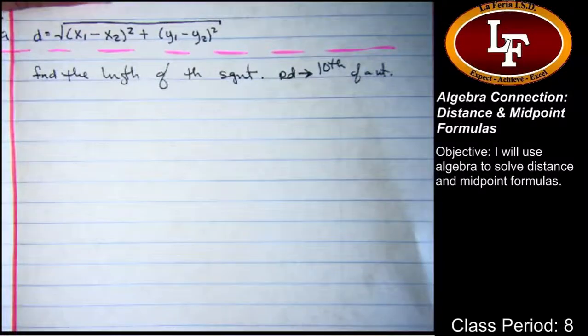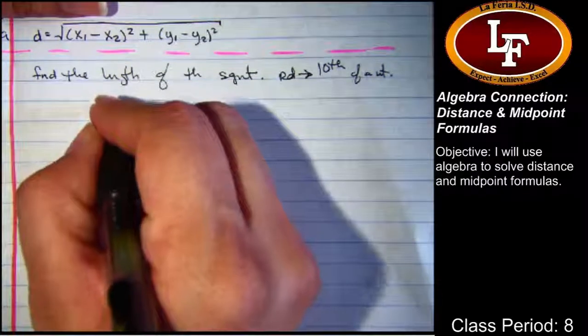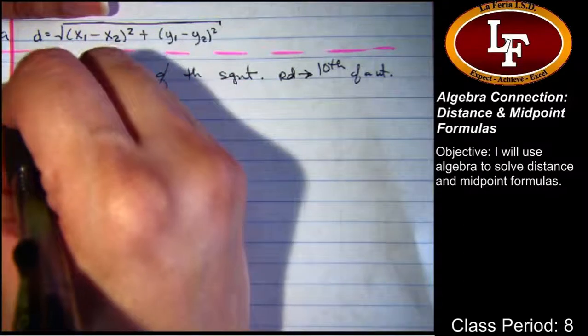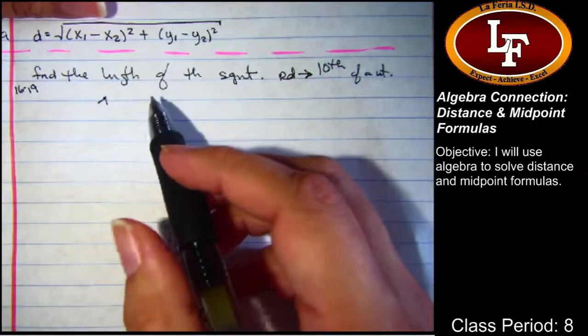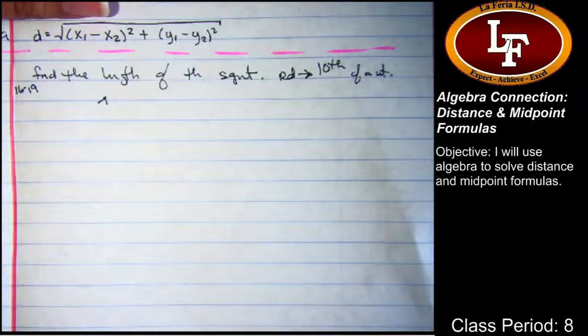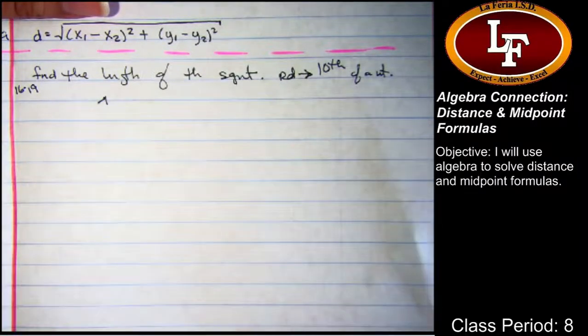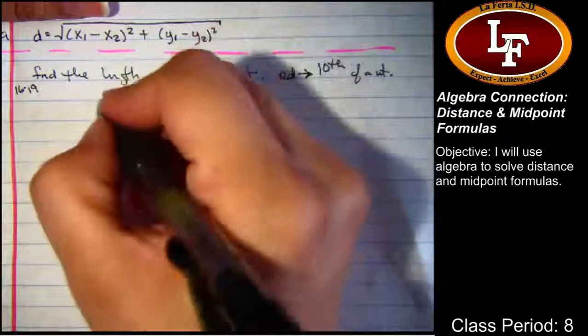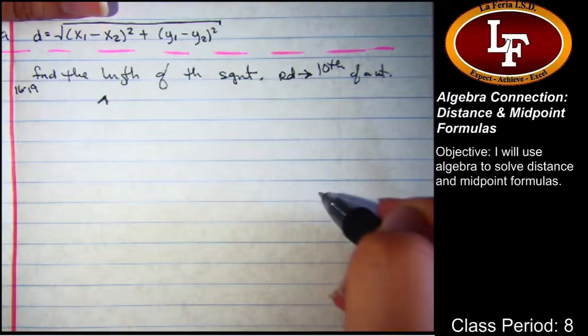That's the shorthand for those directions. If you go to your book on page 8, I'm just copying the directions down, but in a way that's shorter than what you see normally. After segment, period, round to the nearest tenth of a unit.